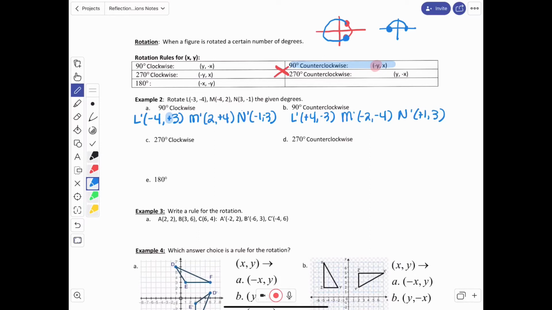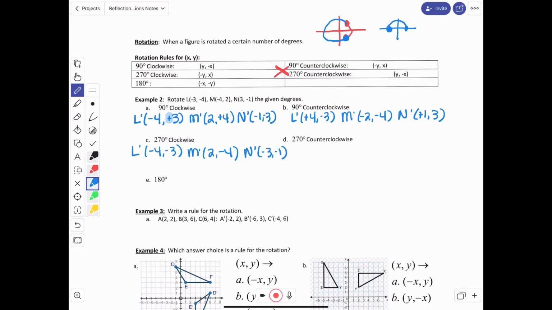Okay? All right. On my next example here, we're doing 270 degrees clockwise. So they're still switching. So I would do -4, -3, 2, -4, -3, -1.